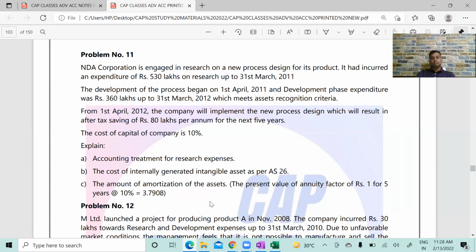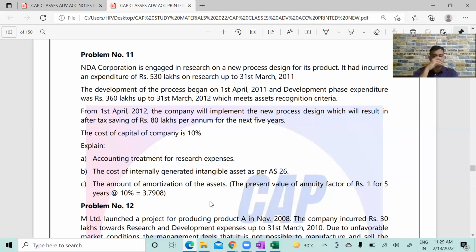The development of the process began on 1st April 2011 and development phase expenditure was rupees 360 lakhs up to 31st March 2012, which meets asset recognition criteria. From 1st April 2012, the company will implement the new process design, which will result in an after-tax saving of rupees 80 lakhs per annum for the next 5 years. The cost of capital of the company is 10%. Read, ma.